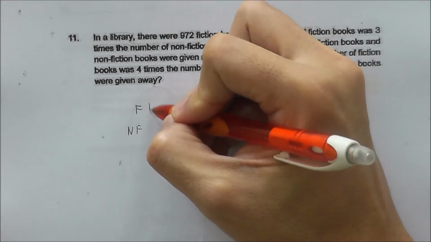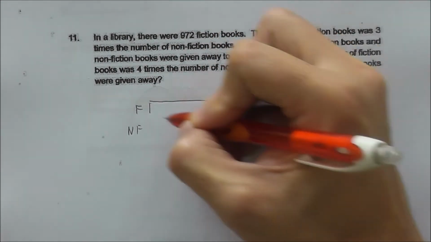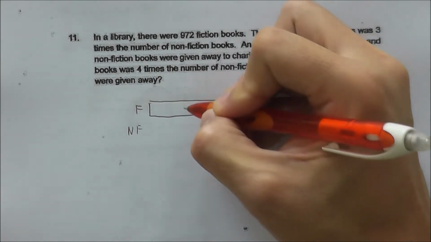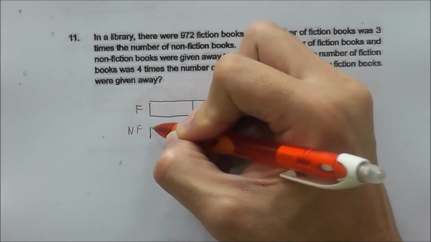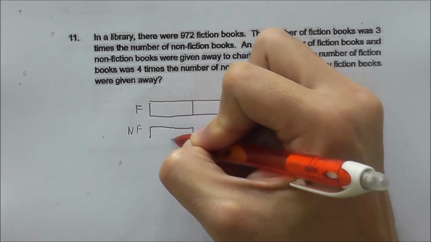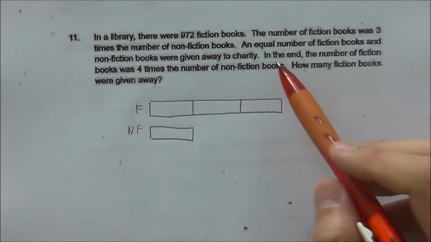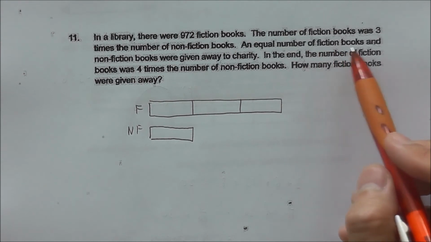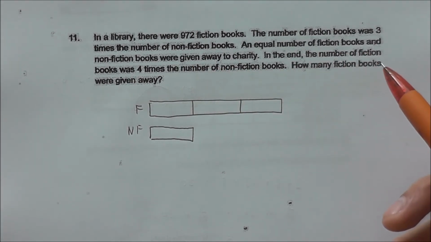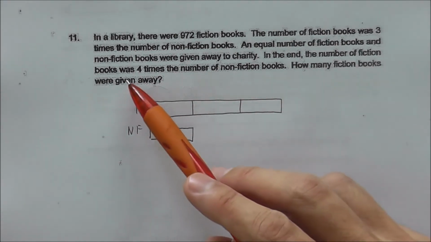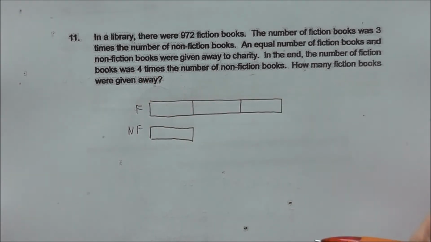Fiction is 3 times, so we draw 3 units. 1, 2, 3. And non-fiction will be just 1 unit. Okay, an equal number of fiction and non-fiction books were given away to charity. So at the end, the number of fiction books was only 4 times the number of non-fiction books.